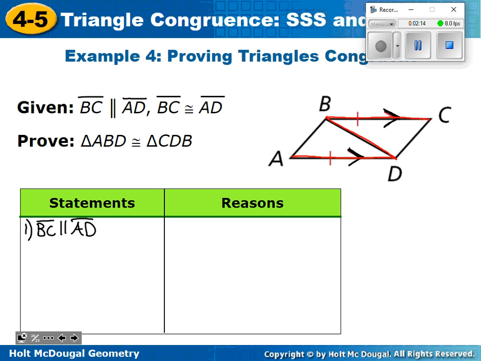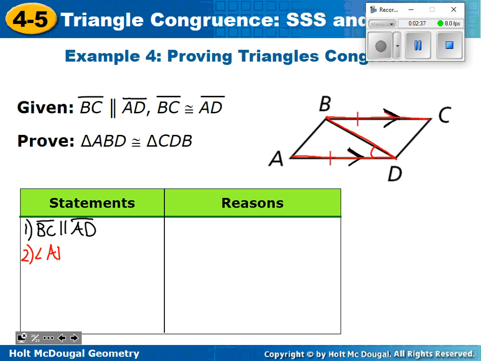Our alternate interior angles. Now the next part's the hardest part. Can you name the correct angles that are alternate interior and name them how they would match up? So first of all, what's one of our alternate interior angles formed by the two parallel lines? ADB. So angle ADB. So I'm going to write that down first.